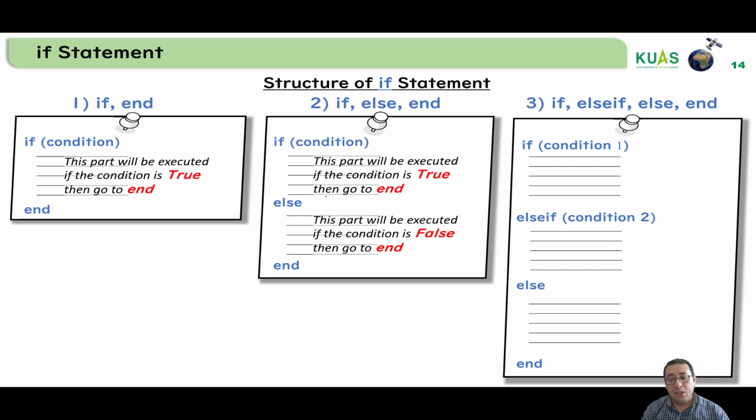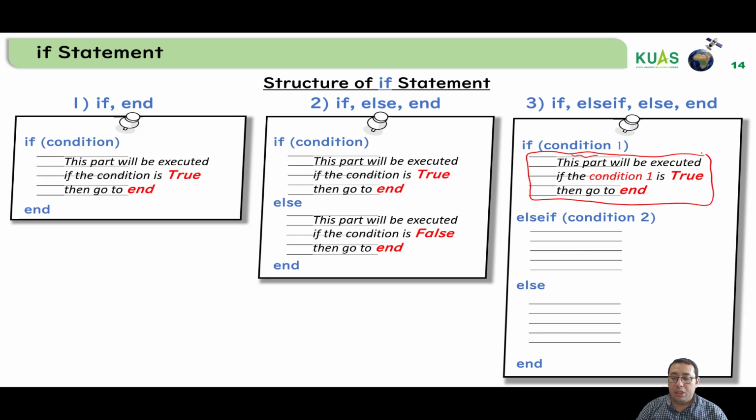In the third case, we have if with condition number 1, then else if with condition number 2, and then else and then end. We check the first condition, and if its output is true, this part will be executed and then go to the end without considering the other two parts.